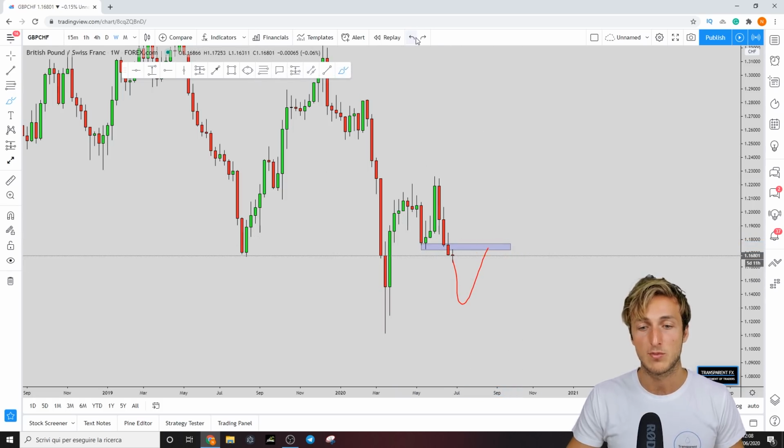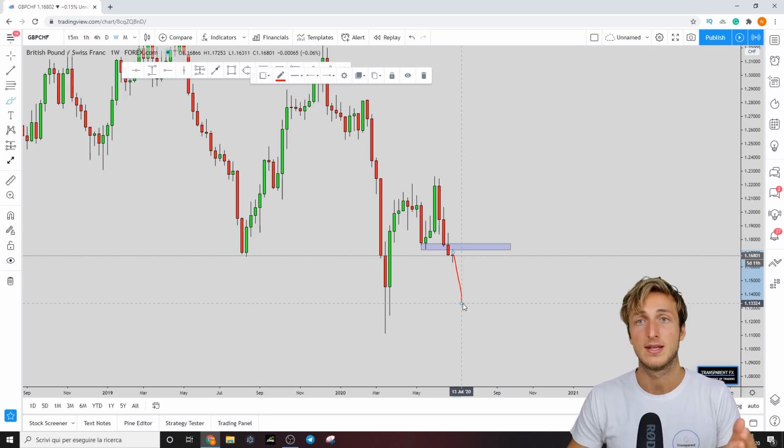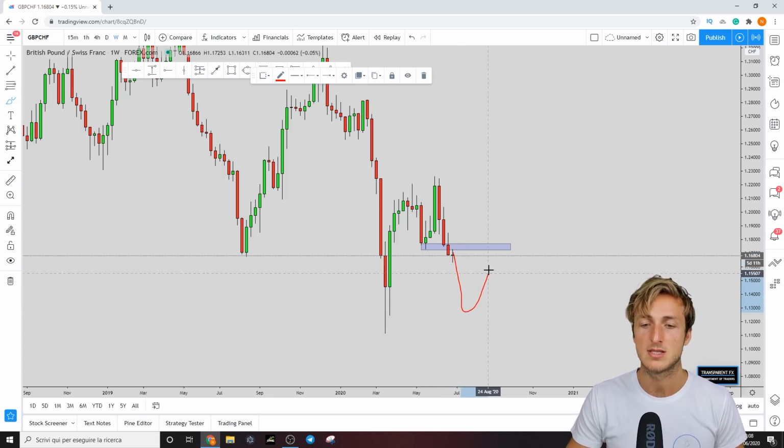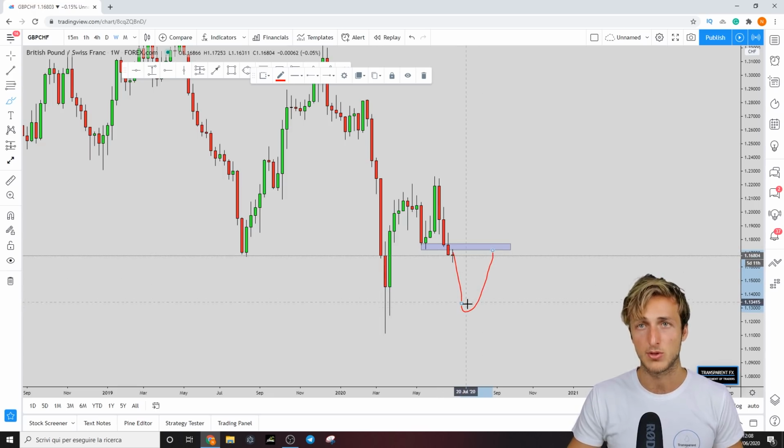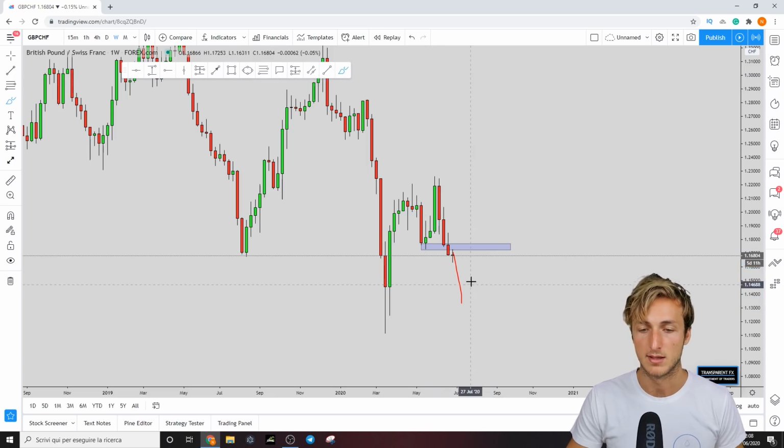We will have an M formation testing a very strong demand area from a monthly perspective, creating a perfect confluence, which gives us a very high probability that at that point the market will actually complete the pattern at the neckline.